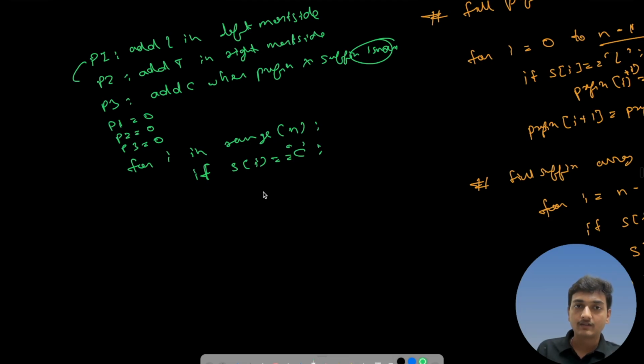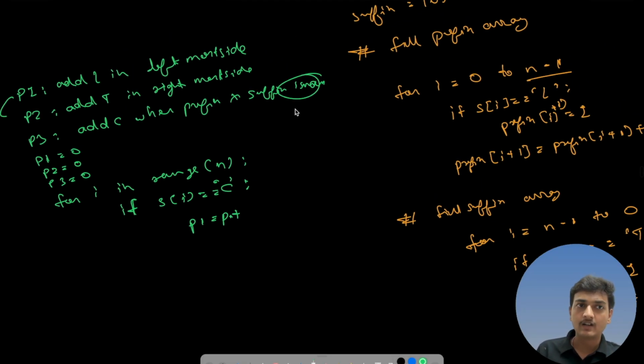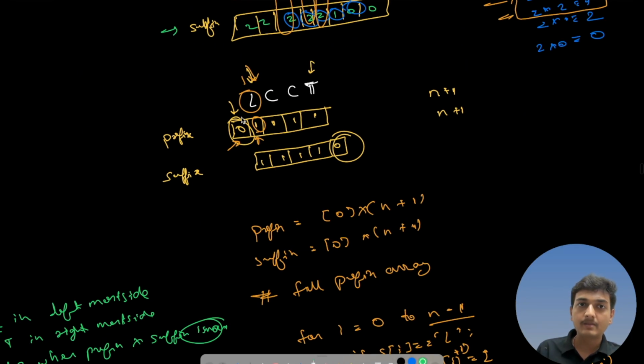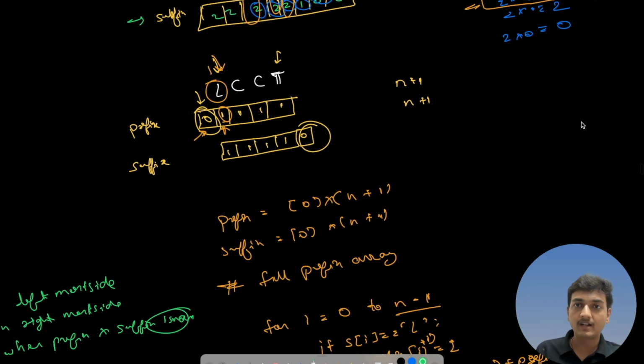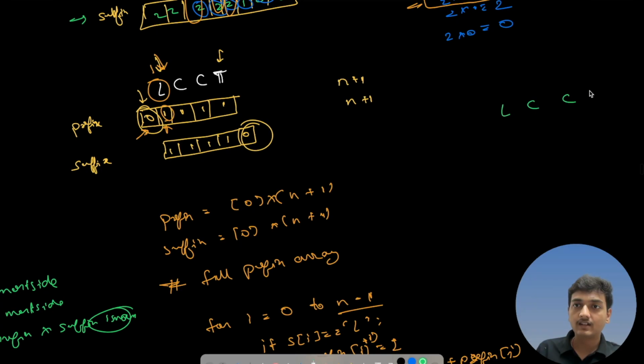So P1 equals P1 plus, now what should I do? P1 is tracking L in the leftmost side, and my prefix array looks like this. Let me write it here, LCCT, and my prefix array somewhat looks like 0 1 1 1 1.